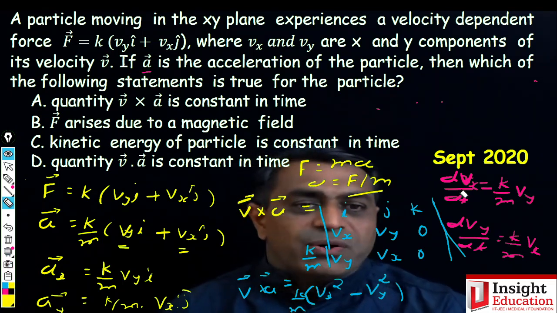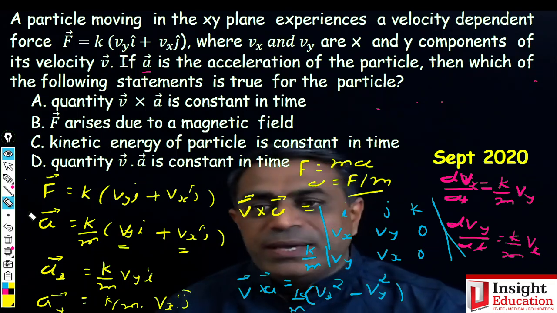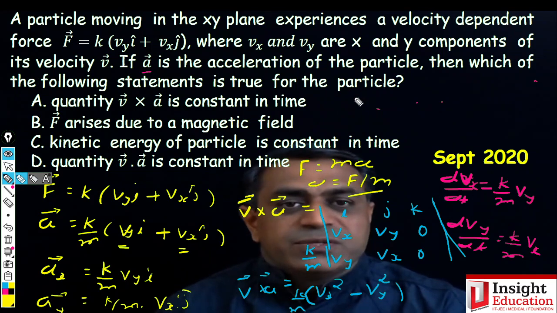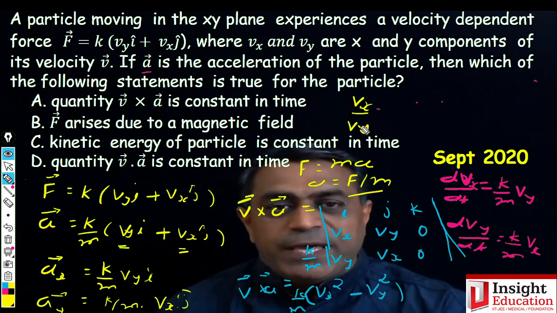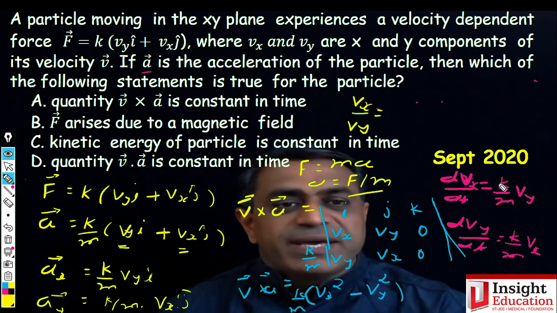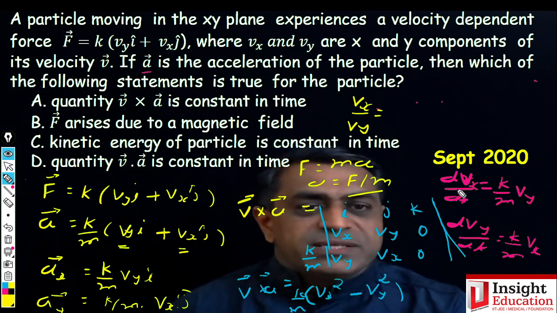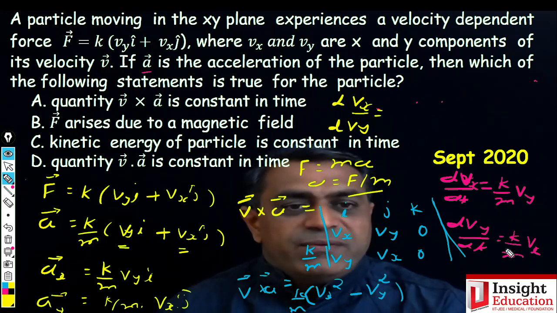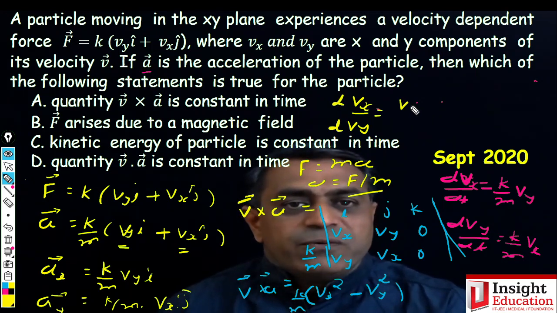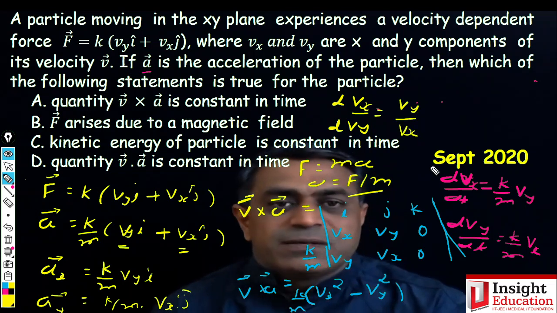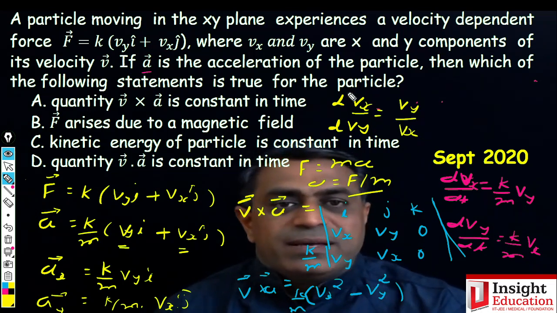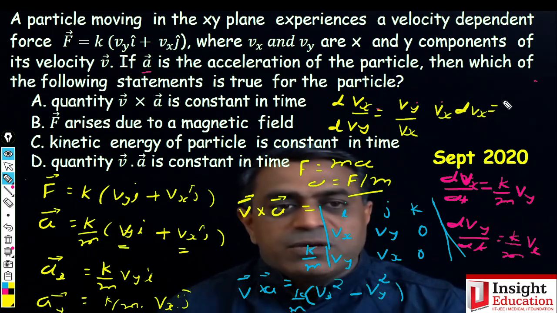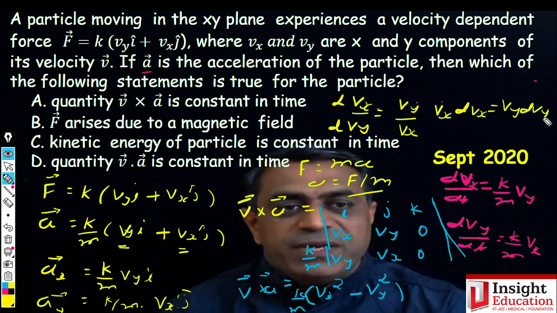If I take the ratio vx upon vy, dt cancels, k by m cancels, so here it is dvx by dvy is equal to vy by vx. Okay, so here I can write vx dvx is equal to vy dvy.